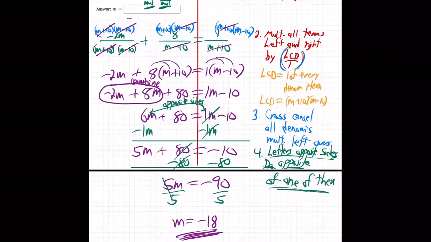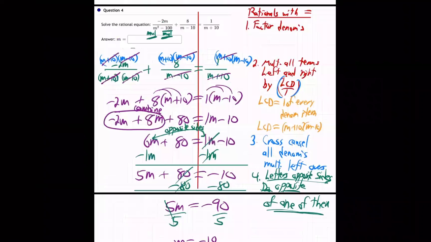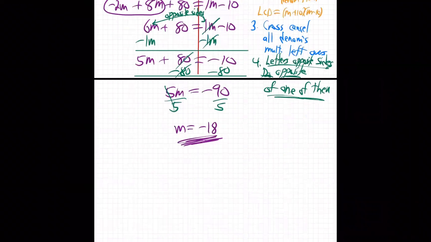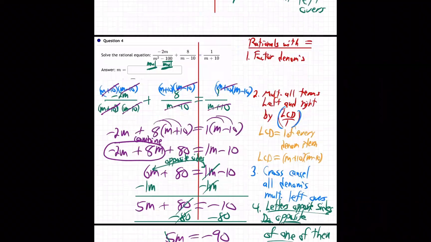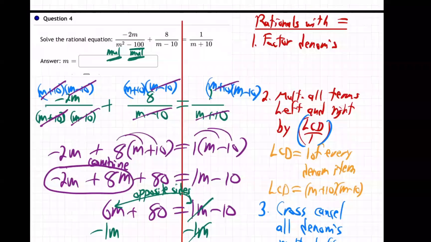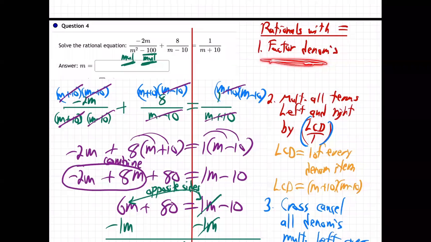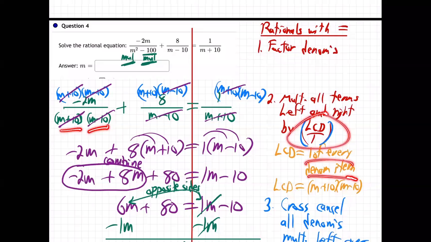So recapping really quick, what did we do? Step 1, we factored denominators. I factored this m squared minus 100, m plus 10 times m minus 10, and then I multiplied through all the terms left and right by the LCD over 1. What's the LCD? 1 of every denominator item. So m plus 10 and m minus 10.